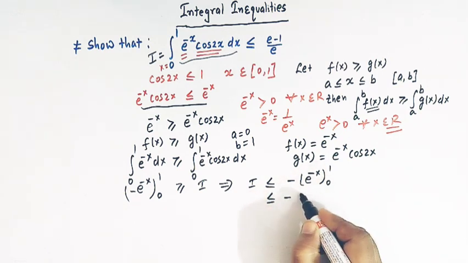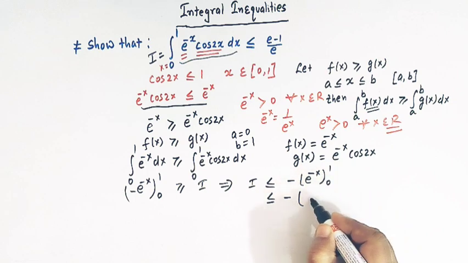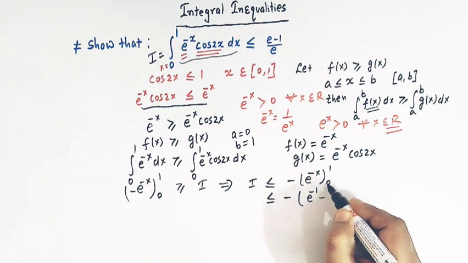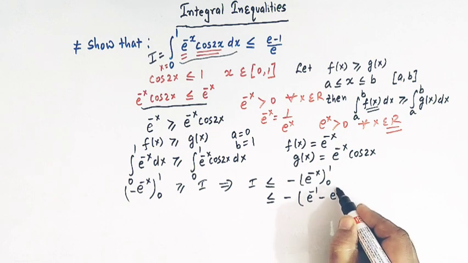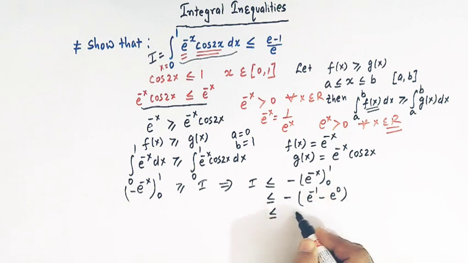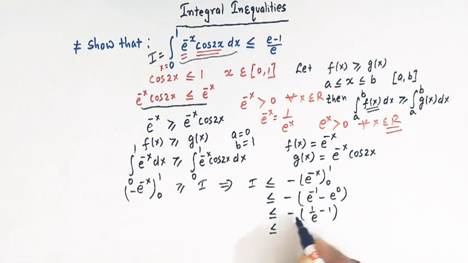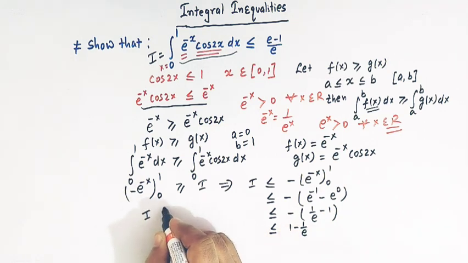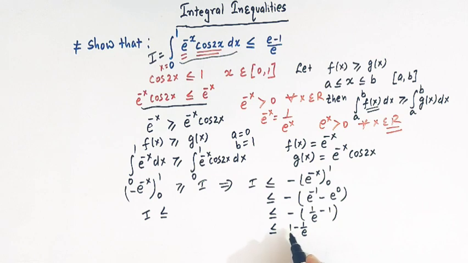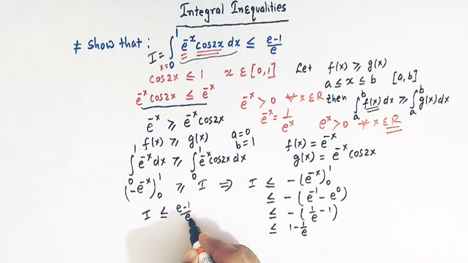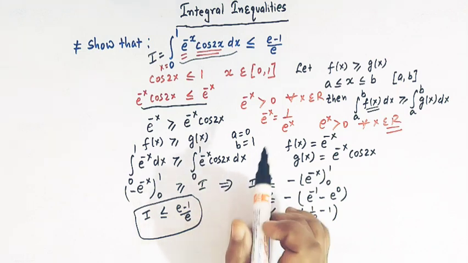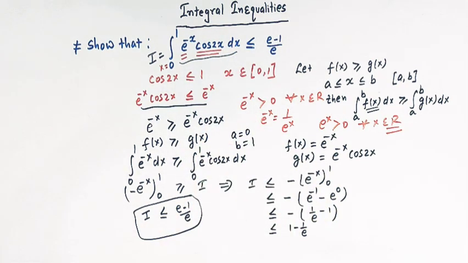Taking x equal to 1, we have e raised to minus 1. Taking x equal to 0, we have e raised to 0. So this is minus 1 over e, and e raised to 0 is 1. We can also write this expression as 1 minus 1 over e. So we have I less than or equal to e minus 1 over e, and this is the required inequality.